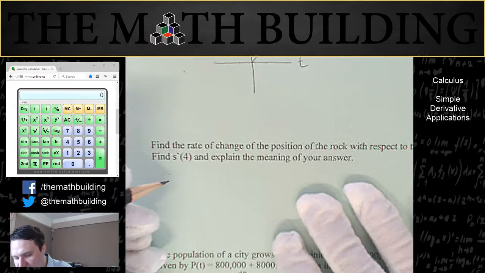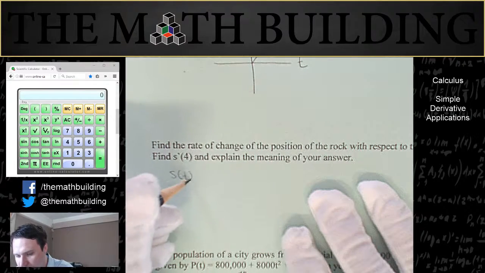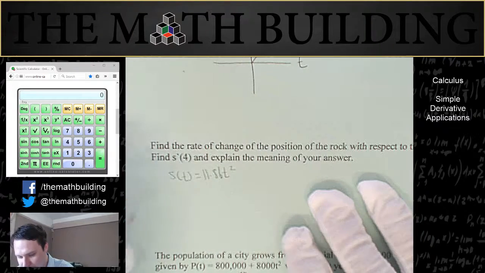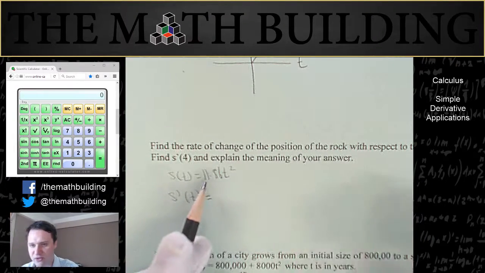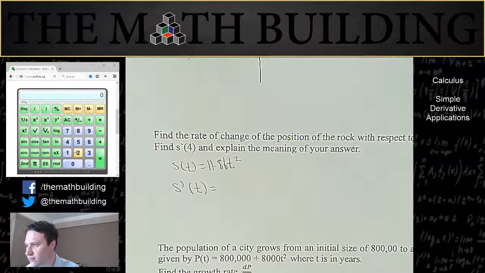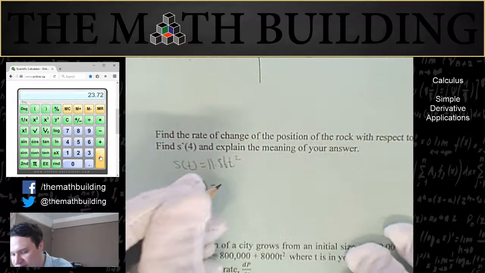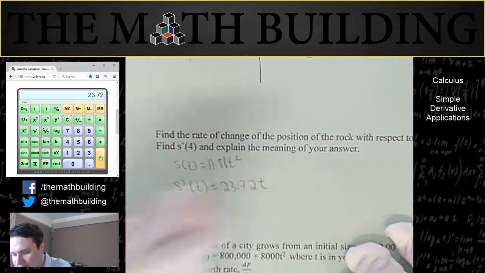So if our function was S of t is equal to 11.86 t squared, the derivative of that is simply going to be 2 times 11.86, which is 23.72 times t.